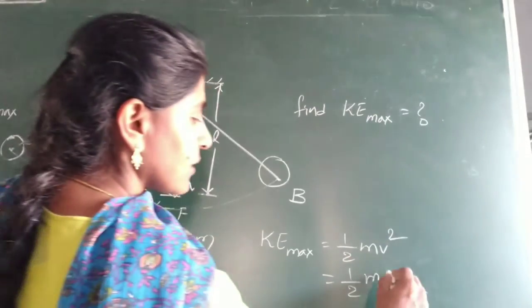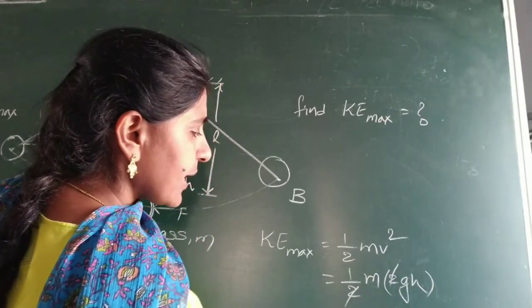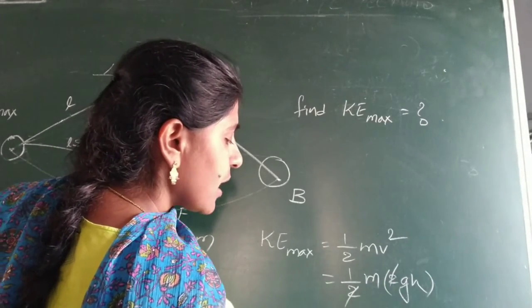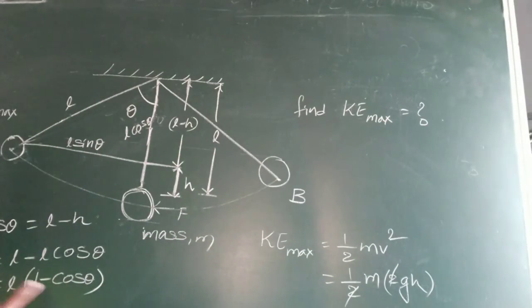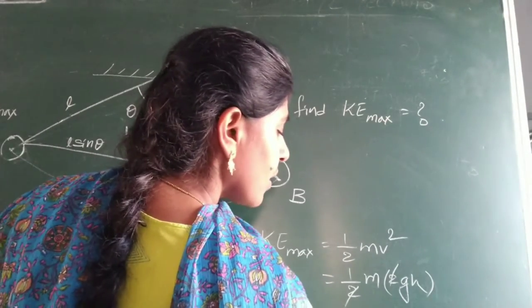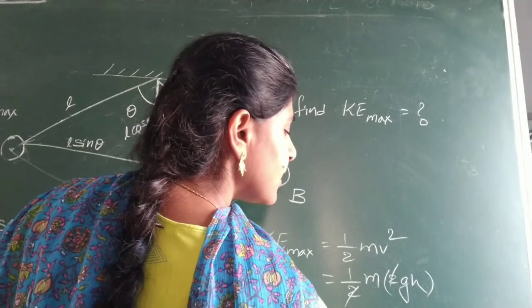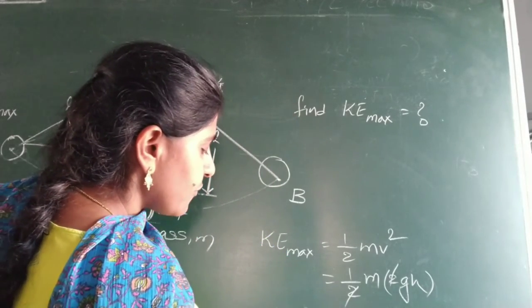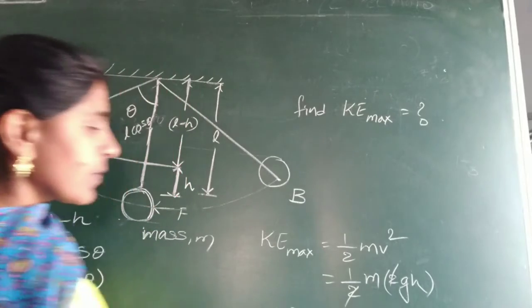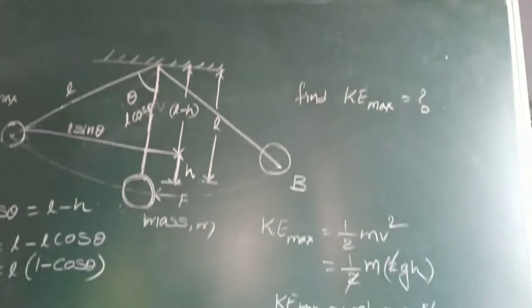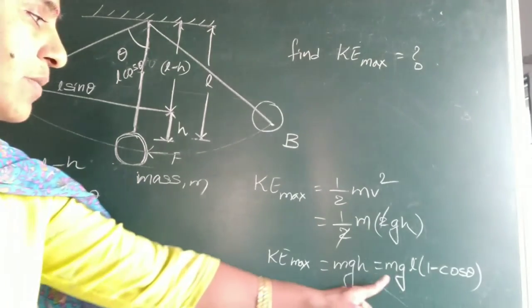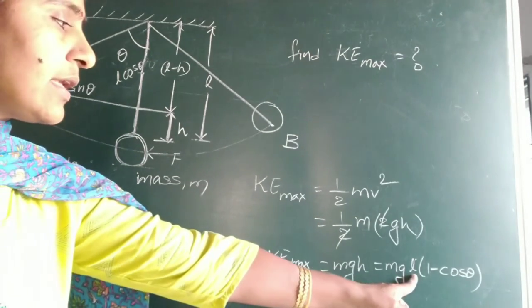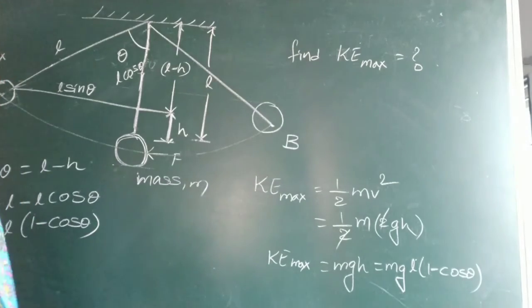So the 2 gets cancelled and this becomes mgh, which equals mg into L into 1 minus cos theta. This is the expression for maximum kinetic energy when it reaches maximum height. KE maximum equals mgL into 1 minus cos theta.